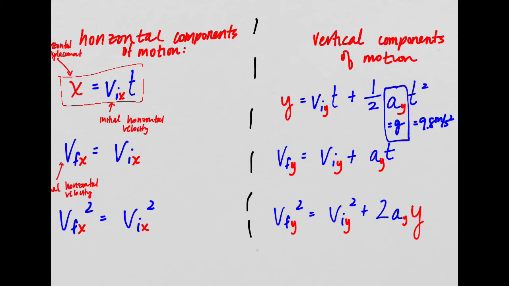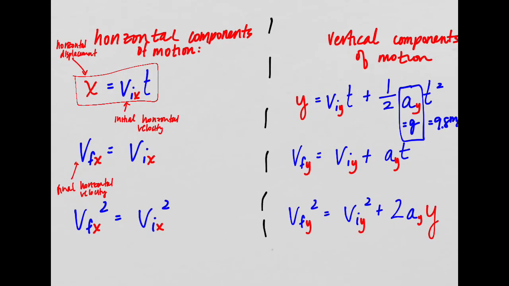All right. And then here we have the final vertical velocity is equal to the initial vertical velocity plus ay, which is also g, times t. And then finally we have the final vertical velocity squared is equal to the initial vertical velocity squared plus 2ay, which is g, times y, which is vertical displacement.